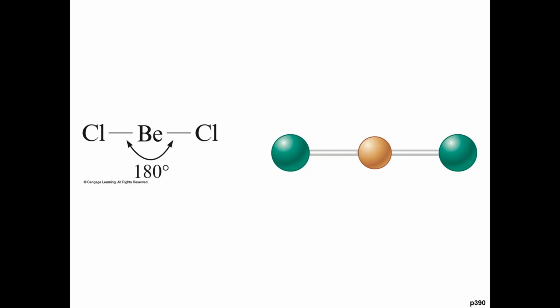So a few of the various geometries that we'll look at: when we have two groups of electrons around a central atom, such as in beryllium dichloride, we have minimized electron pair repulsions by arranging those two groups of electrons in a linear fashion, which means that the bonding pairs of electrons are 180 degrees from one another.